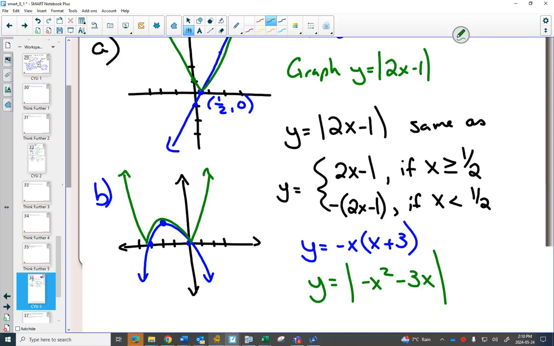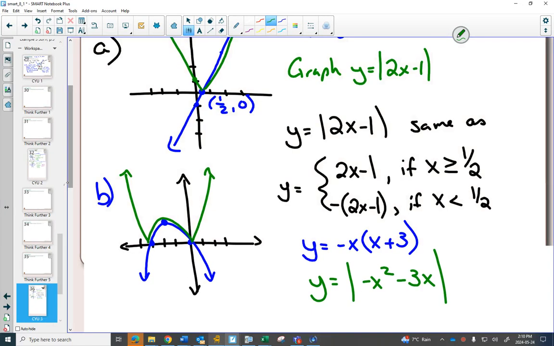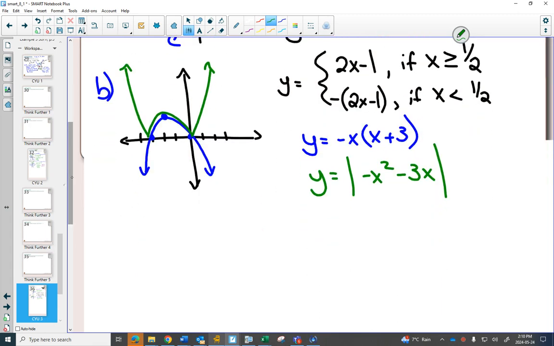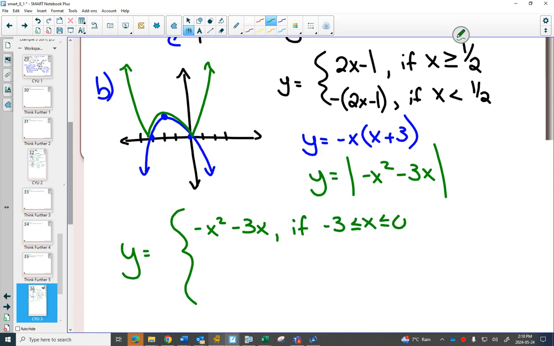So how do we write this in piecewise notation? Can you see that this part in the middle didn't change? When did that happen? If x was between -3 and 0.